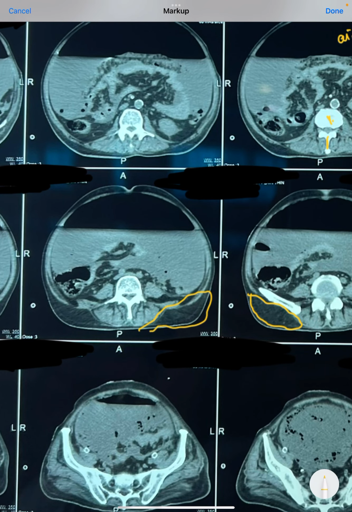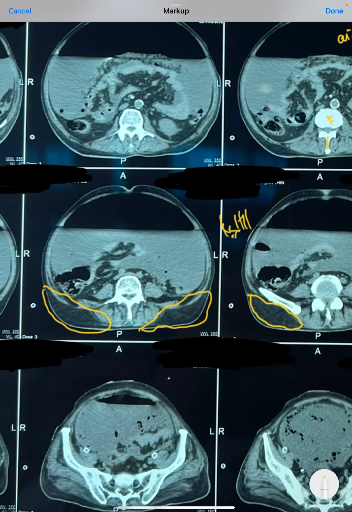Whenever there is inflammation in this fat, you will see white streaks, white bands appearing. White means hyperdense bands or streaks or lines will appear, which tells that there is inflammation of the fat because of some reason, mostly infection or inflammation.